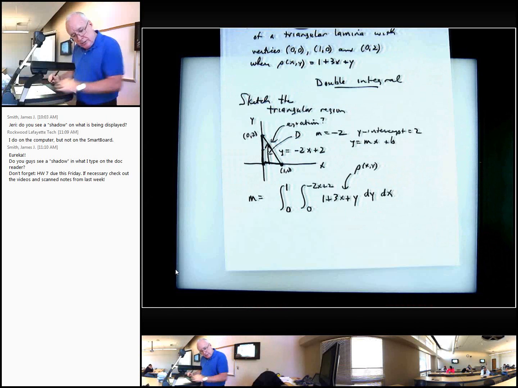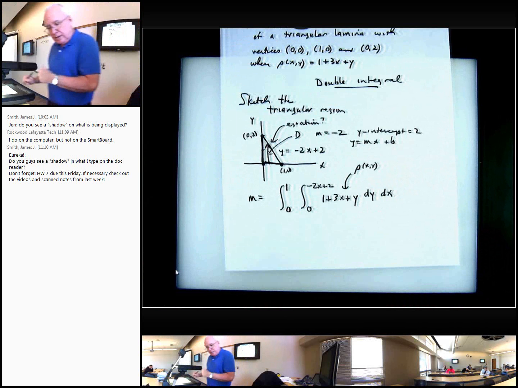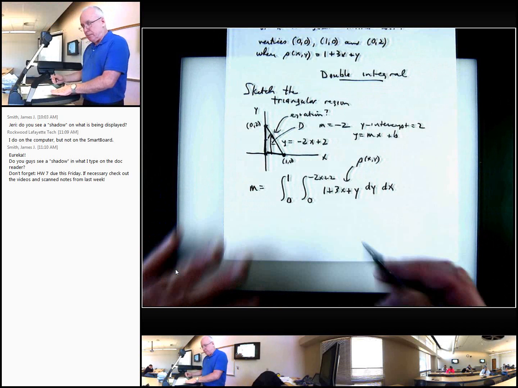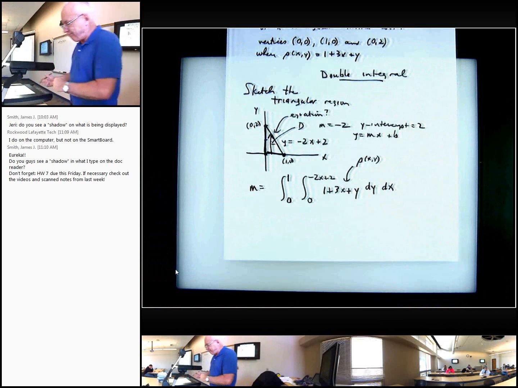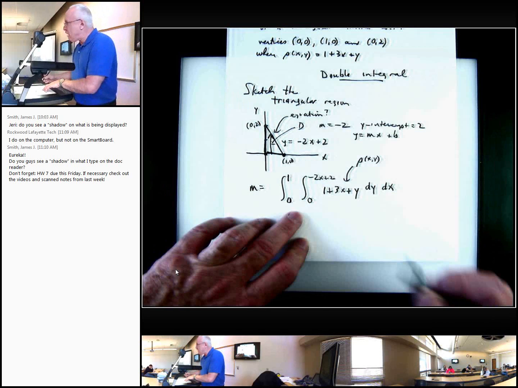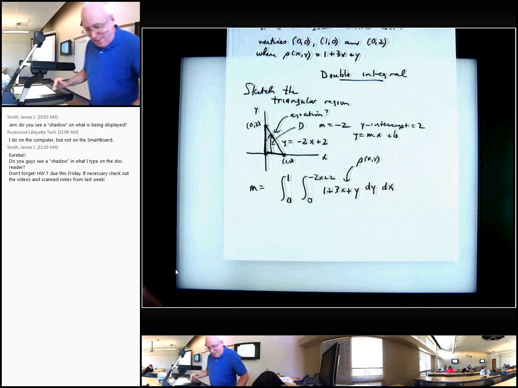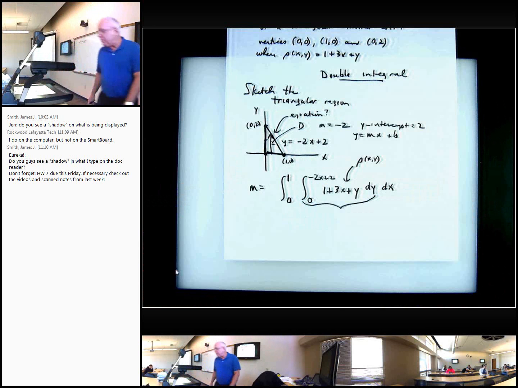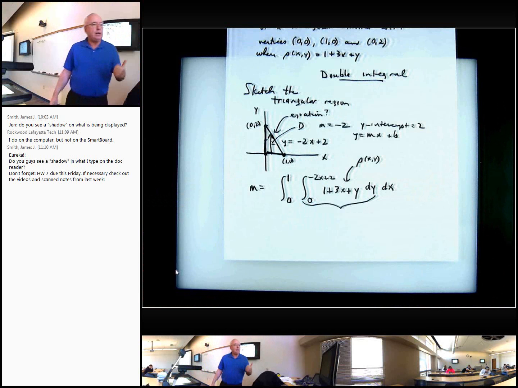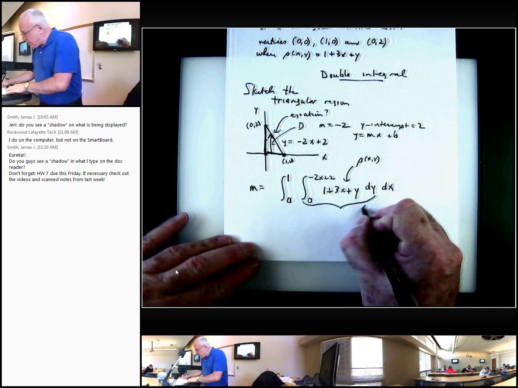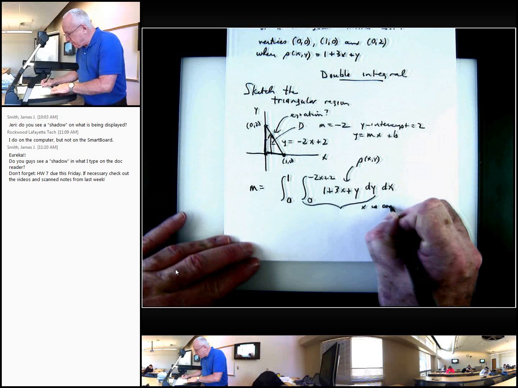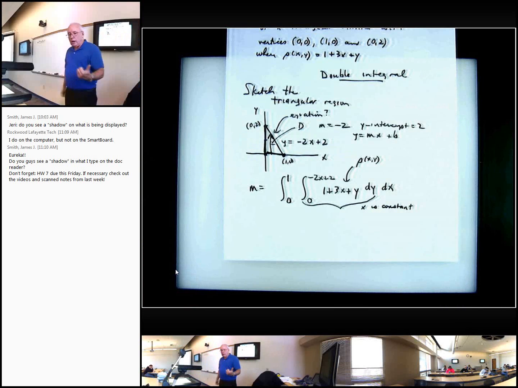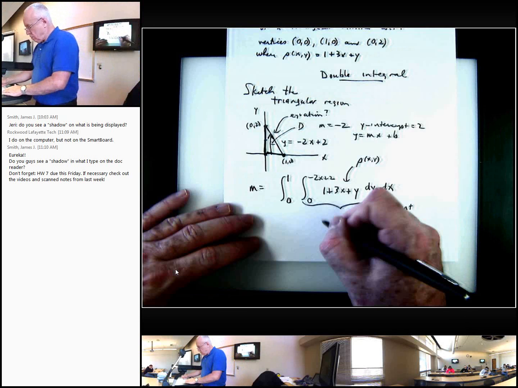Now this gets a little hairy, and for time purposes, let me just get it started, and then I'm going to skip a couple of steps because it's basically just algebra. So here, let's do the inside integral first. We're integrating with respect to y, so we want to remember that x is a constant here, or treat it as a constant. So my first 1 becomes what? A y.